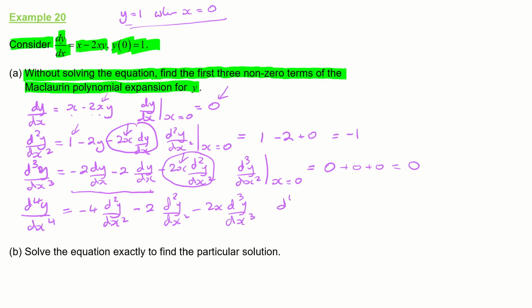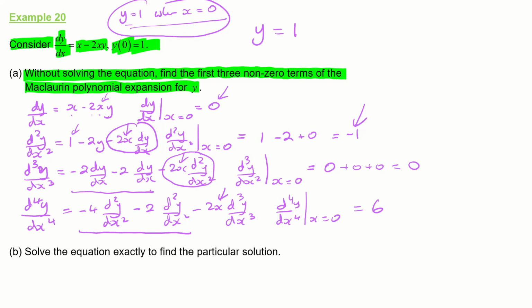And so if we evaluate that when x equals 0, well, d2y/dx squared was negative 1, so those two things are going to give me 6, and then this is going to give me 0, so that is equal to 6.